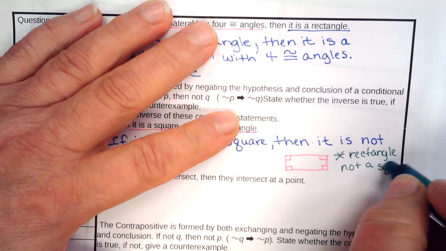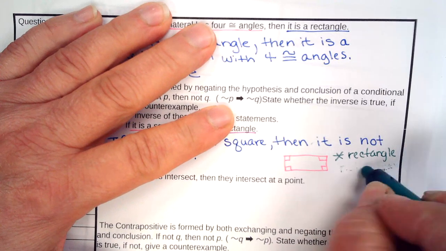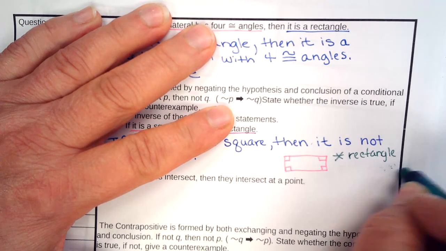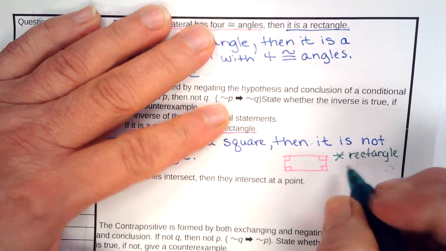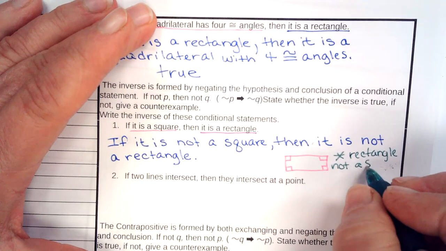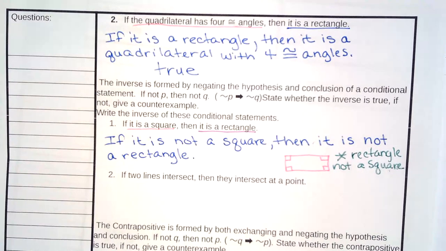So any rectangle that's not a square will work, because it says that if it's not a square, then it can't be a rectangle. And we know that's not true.